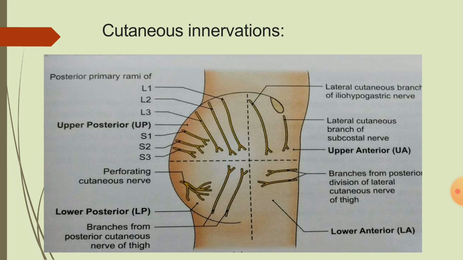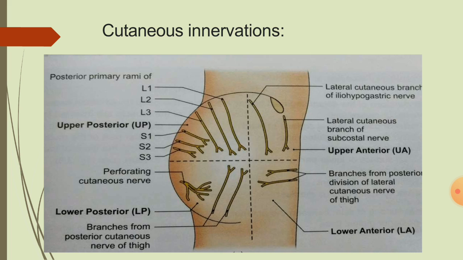This is the cutaneous innervation of the gluteal region. For this, we have divided the gluteal region into four quadrants. The superolateral aspect is supplied by the lateral cutaneous branch of the iliohypogastric nerve and the lateral cutaneous branch of the subcostal nerve.